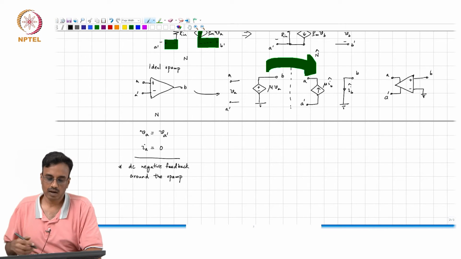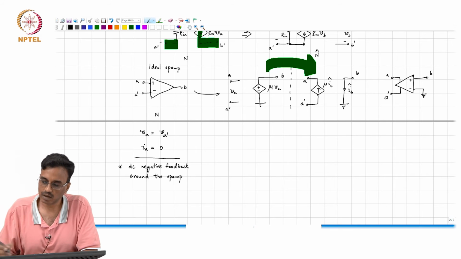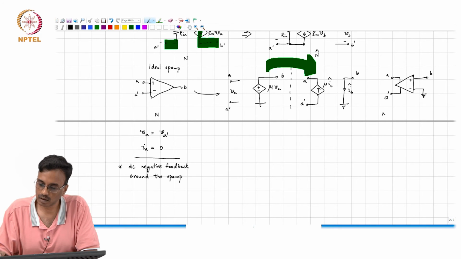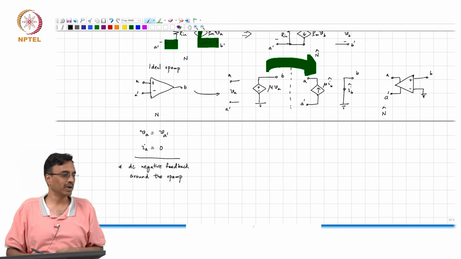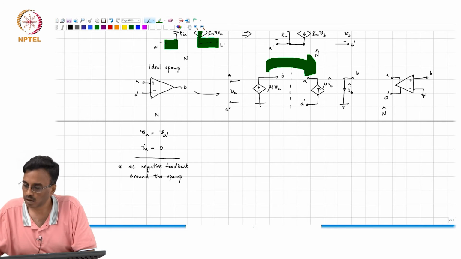All right. So, let us take an example. So, this is n hat. Let us take a simple example to illustrate the point.